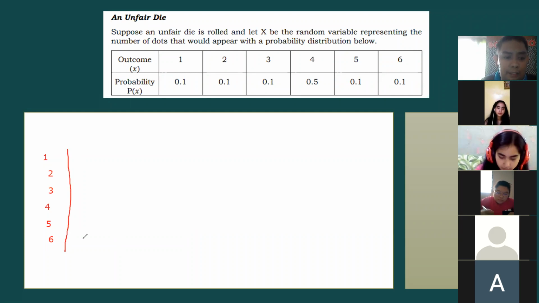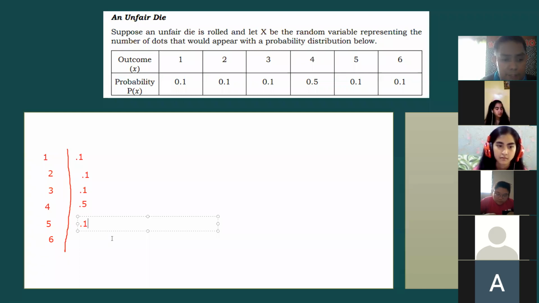Anong katapat niya? Ang katapat ng 1 ay 0.1. Ang katapat ng 2 ay 0.1 ulit. Ang katapat ng 3 ay 0.1 ulit. Ang katapat ng 4 ay 0.5. Ang katapat ng 5 ay 0.1 ulit.